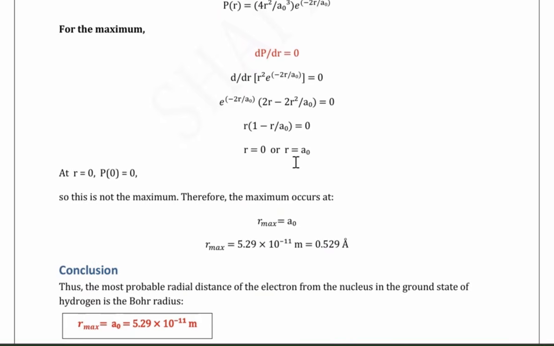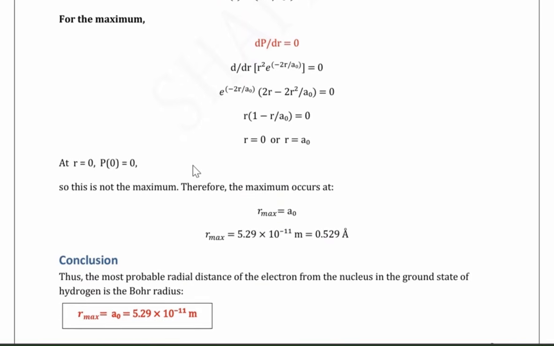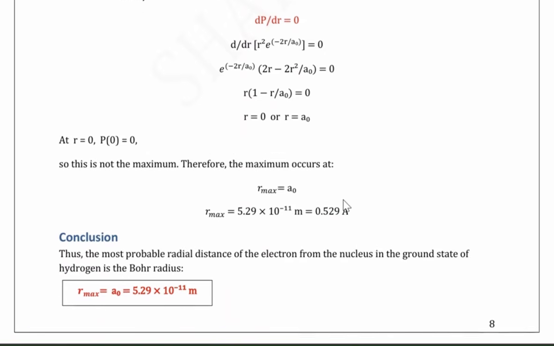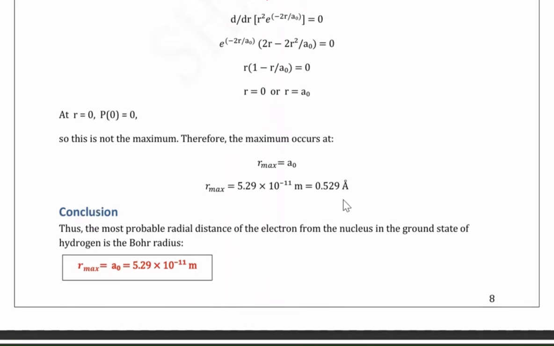That is two values. Since in the atom the electron's radius is measured from the nucleus, at r = 0 the probability of the electron being present is 0. So the maximum probability is at r = a₀, where the electron can be.